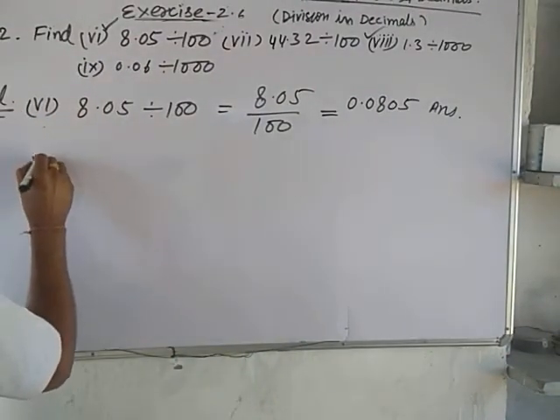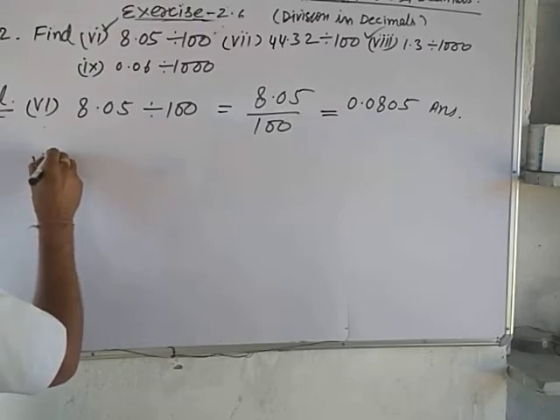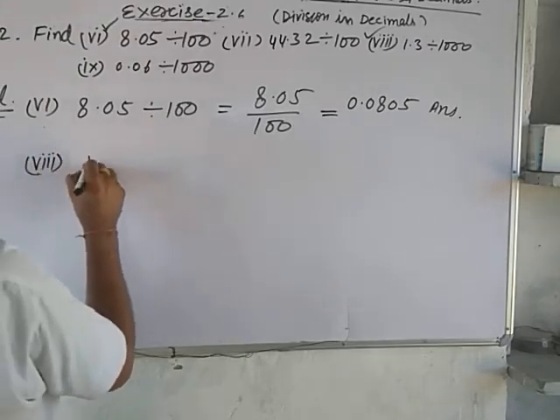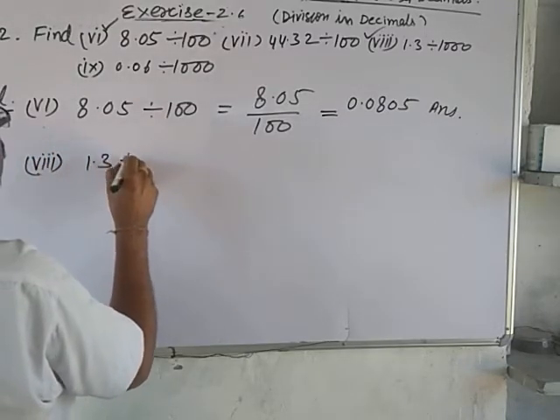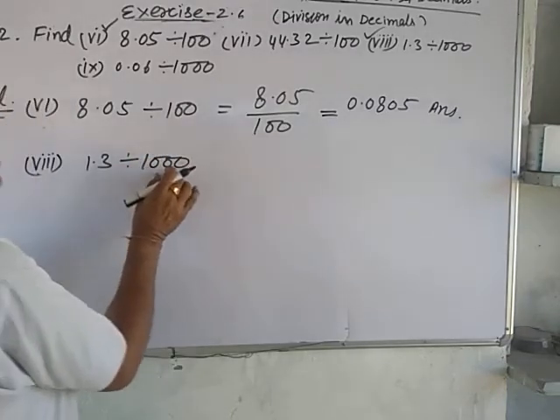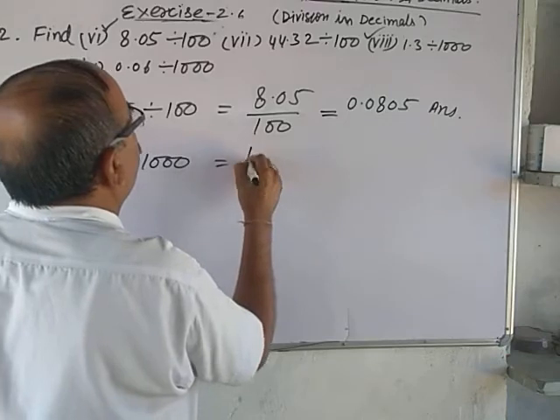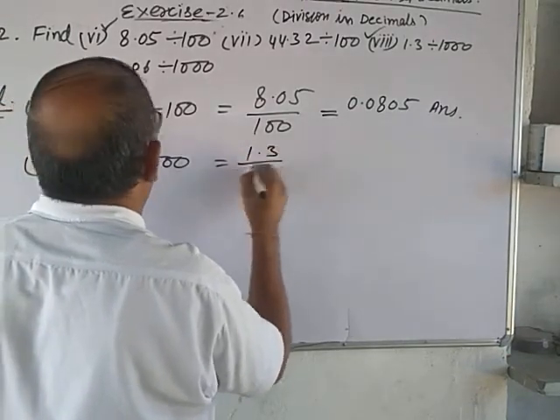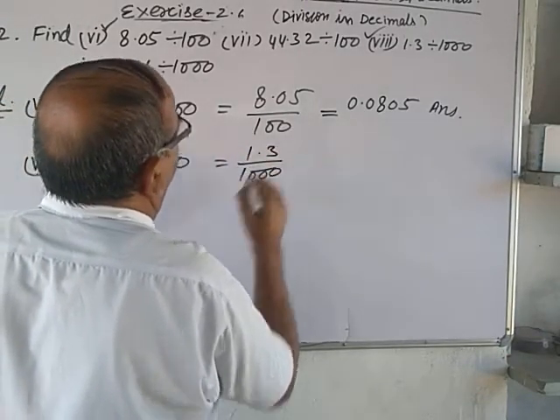The part 8 is 1.3 divided by 1000. We have 3 zeros in the denominator, so we can write it 1.3 upon 1000.